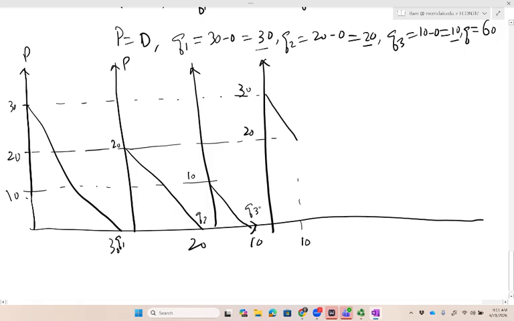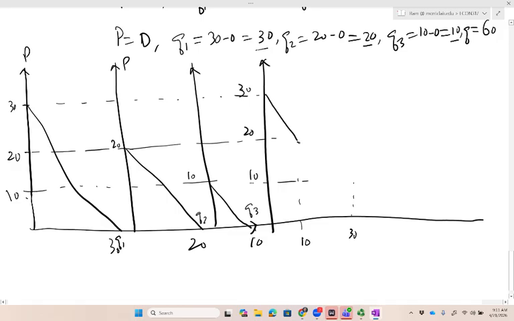Then we go to price equal to 10. Now buyer 1 and buyer 2 are present, so buyer 2 has joined in. When price goes to $10, buyer 1 buys 20. Buyer 2 buys 10. So we have 30 units.